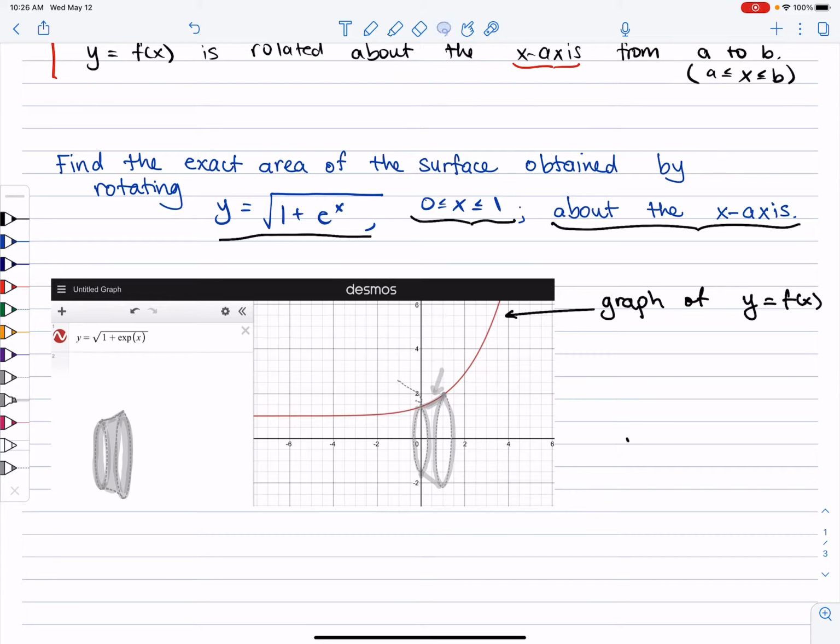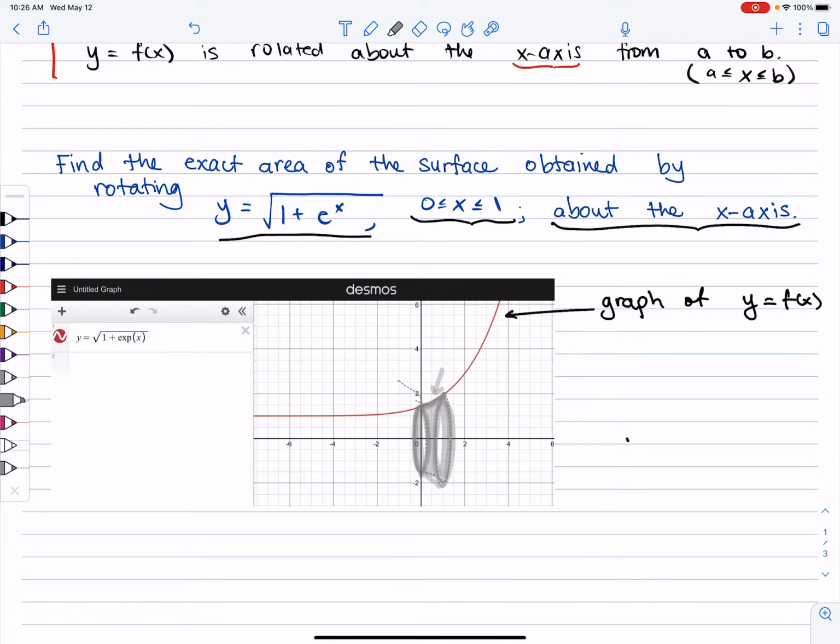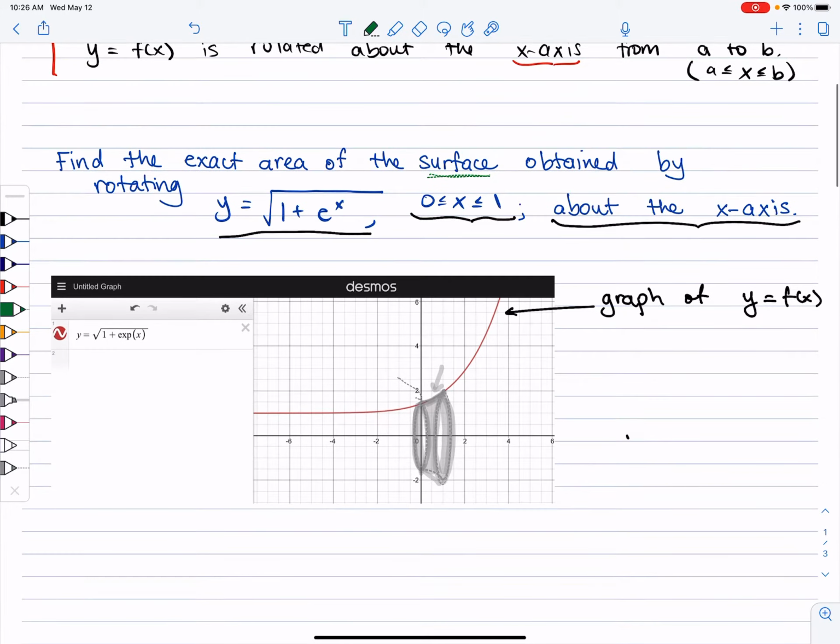So when you rotate, you get something that looks like this. We're only looking at the surface, okay? So please be careful. We're only looking at the surface. Let me do this in color. We're only looking at the outside, okay? So what we can do is think about getting the circumference of each of these circles.